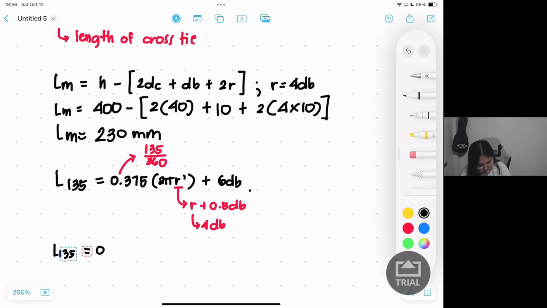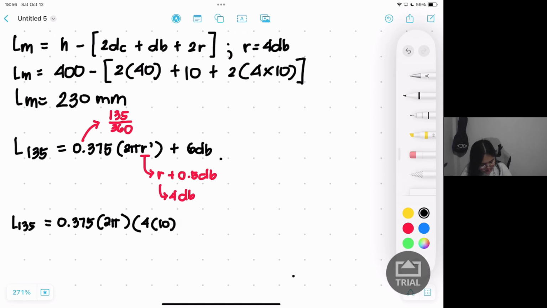Yan. So, kapag i-compute na natin yan, 0.375 times 2 pi times R na 4 times 10, which is the diameter of bar, plus 0.5 of 10. And then finally, yung 6 times 10 natin.